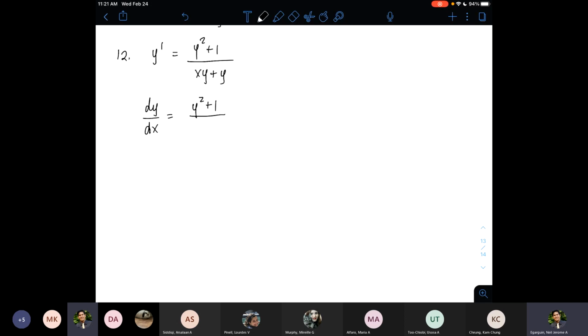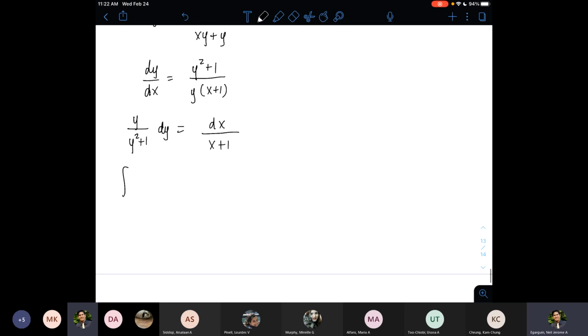And then in the bottom, you have x and y joined together in the first term, so I'll try to factor one of the variables out. Luckily, the second term in the denominator has a y in it, so I can factor out the y. So we'll have an x plus 1 in the bottom times y. And then let's separate the variables. So I'll have y over y squared plus 1 dy equals dx over x plus 1. And then we can integrate both sides.